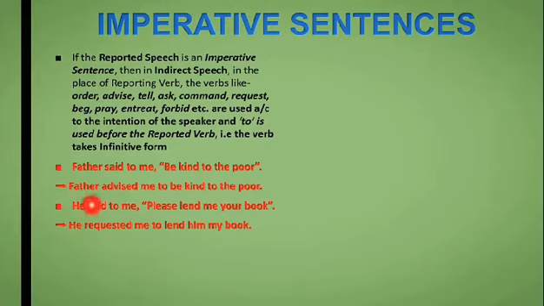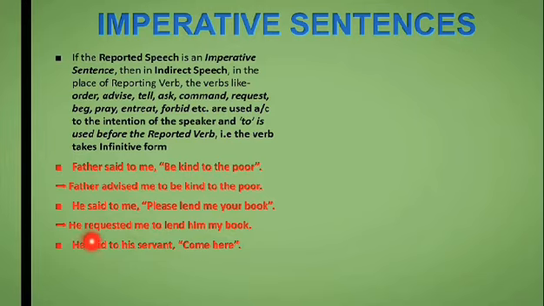He requested me to lend him my book. As I said, to is used before the reported verb. If you see, lend is a verb, so to lend becomes an infinitive form. Lend him; me becomes him, my book.